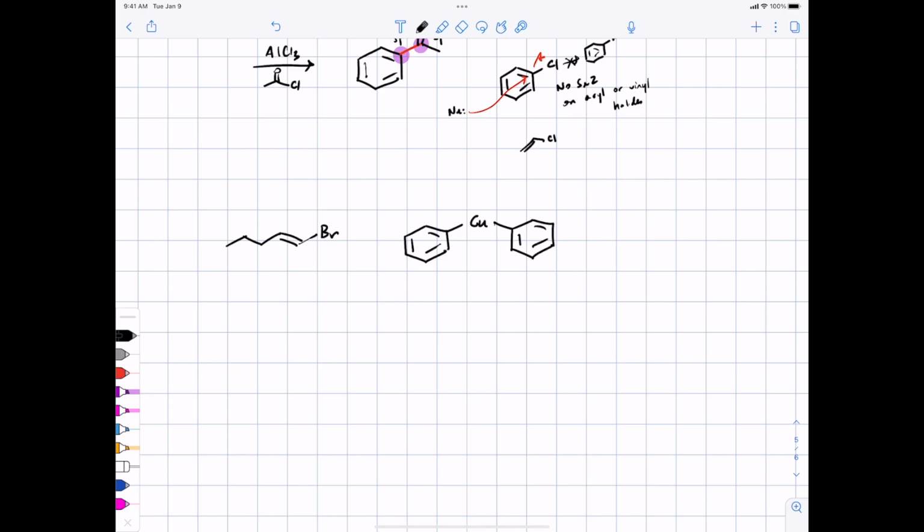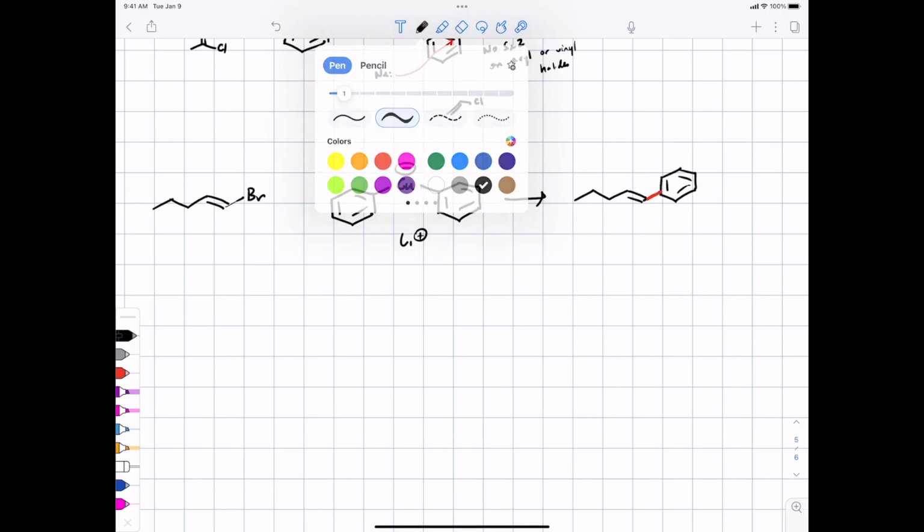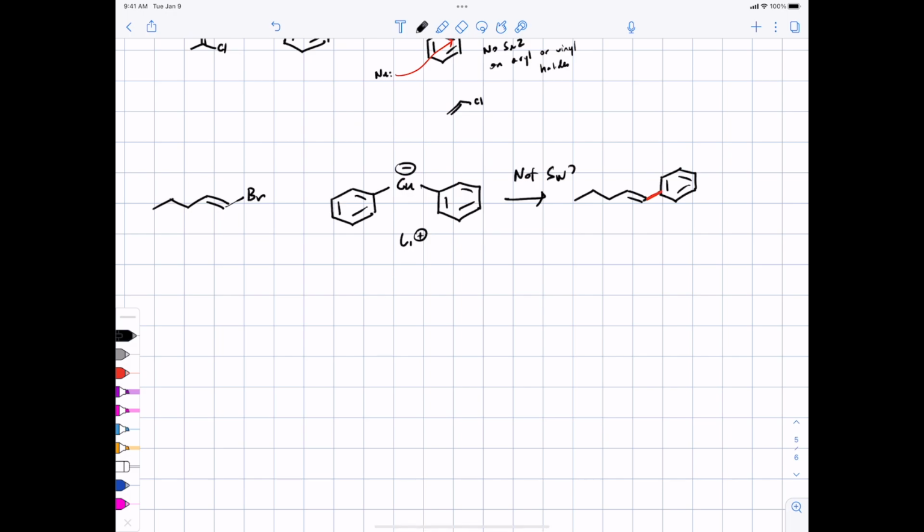So behold the cuprate, that horrible thing that you thought you were done with. The cuprate makes this bond here just fine. But the mechanism is not SN2. It can't be SN2 for reasons that we've talked about. So what is it, and how can we understand it? It's not this. It's more complicated than that.